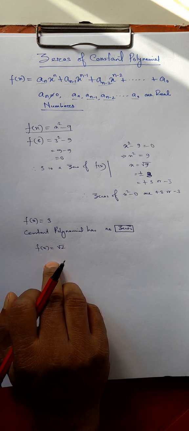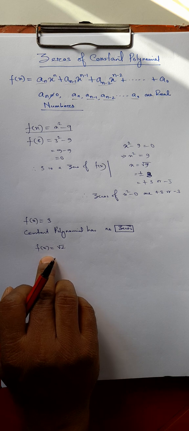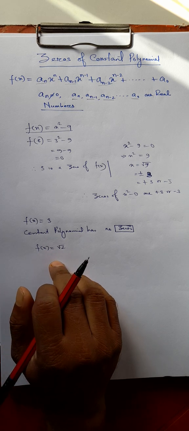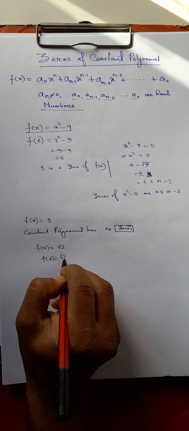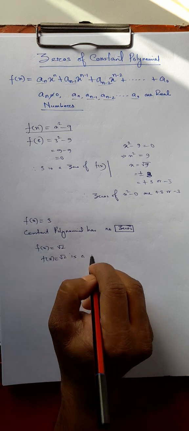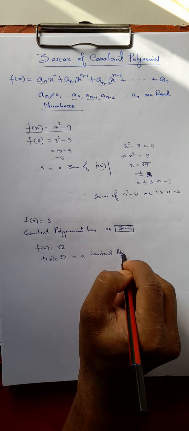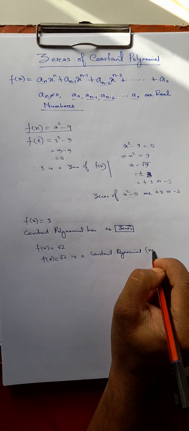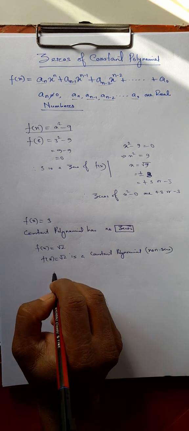Now this polynomial will never be 0 irrespective of any value of x. For any value of x, this polynomial will never be 0. That means this polynomial has no zeros. f(x) = square root of 2 is a non-zero constant polynomial.